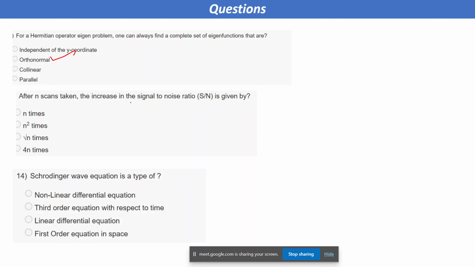Now the next question is, after n scans, the increase in the signal to noise ratio S by N is given by n times, n squared times, root n times, or 4n times. Root n times. So how did it come to root n times?